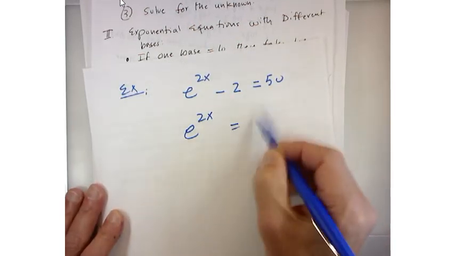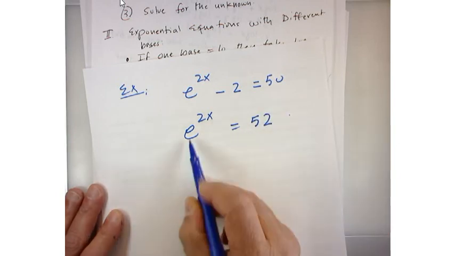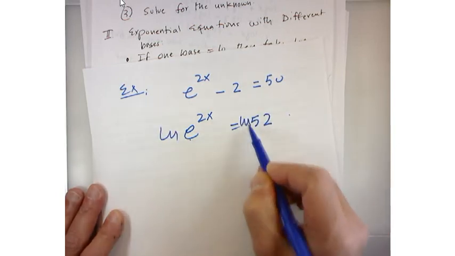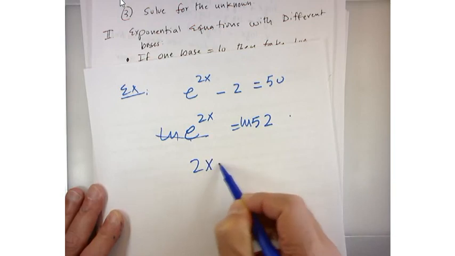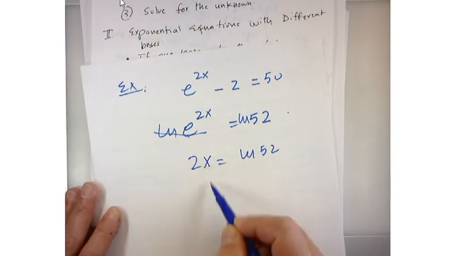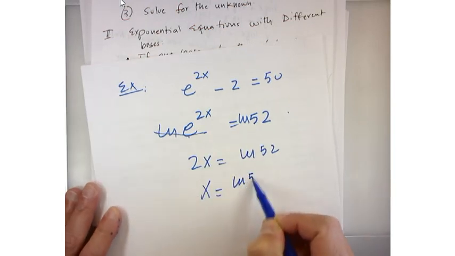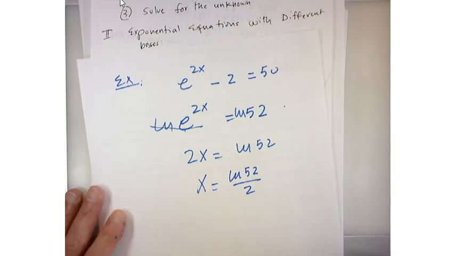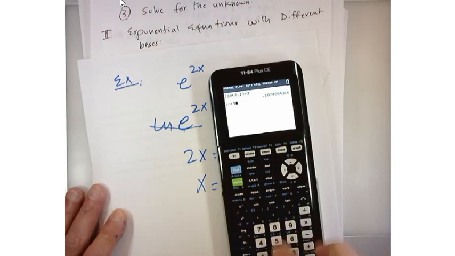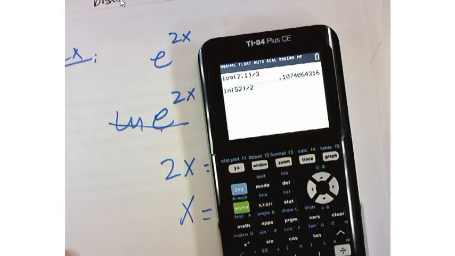By adding the 2 to 50, we get 52. Since the base is e, we ln both sides, so we get 2x is ln of 52. Exact answer is ln of 52 over 2. Or if they want a decimal answer, we put it in our calculators, and to 4 decimal places, 1.9756.